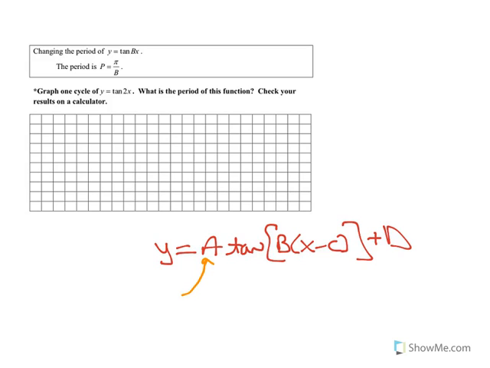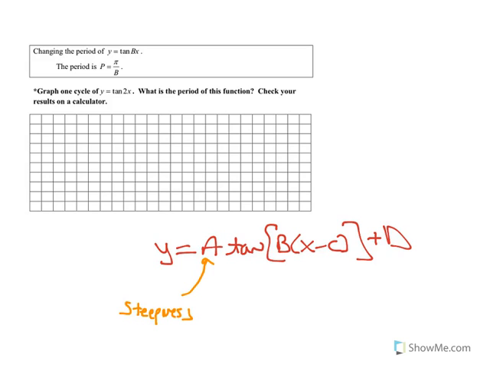So you can't technically call it an amplitude because it doesn't have a min and a max. It doesn't have a high point and a low point. But it is going to affect how steep it is, so how fast it's growing. So this is going to affect the steepness, or how fast it's growing.